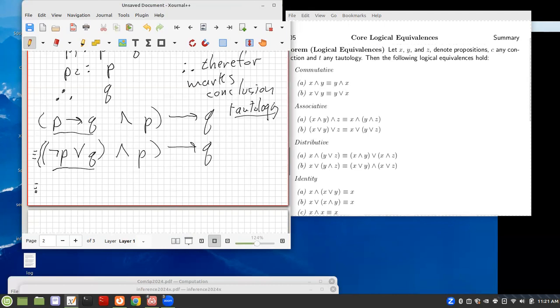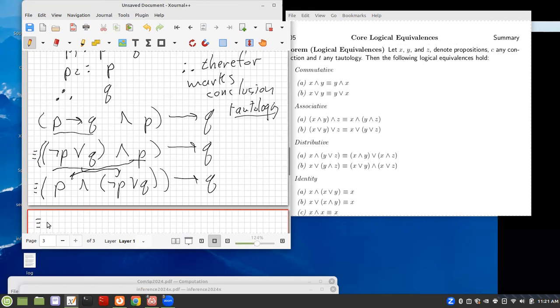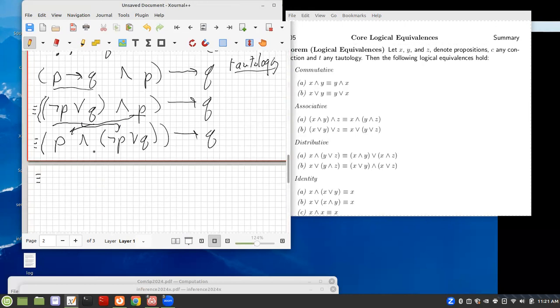So this is logically equivalent to, I'm going to reverse the order here, P and not P or Q implies Q. So the only thing I've done is I've reversed the order of these two propositions. Now, this is an and, this is an or.